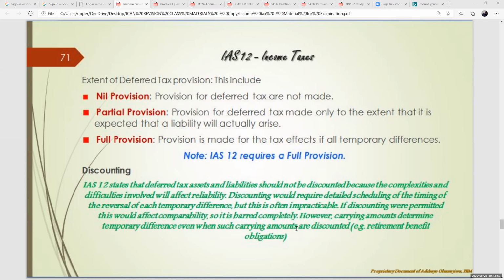And that will more or less lead us to attempting to solve the question for November Diet 2018. November Diet 2018. And let me share that question.